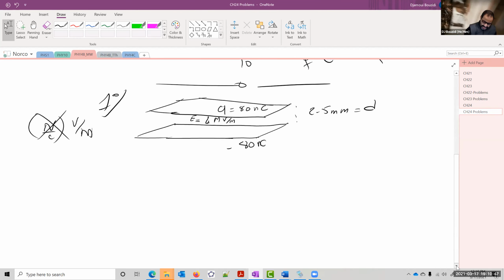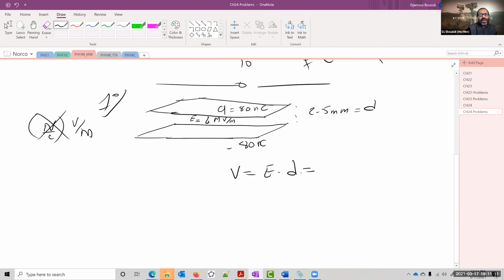So they gave us the electric field, and they asked specifically what is the potential. The potential, if you guys remember, is the integral of E over space, but the electric field is constant in here. So when you integrate it, it's simply going to be the electric field times the distance.